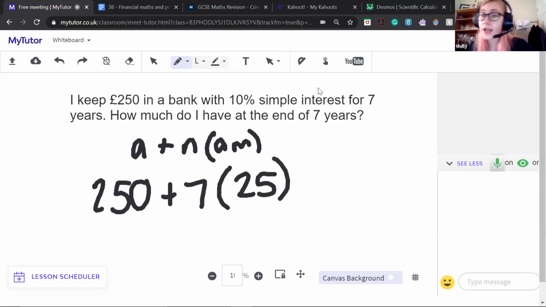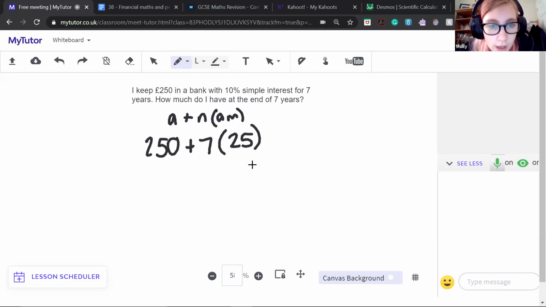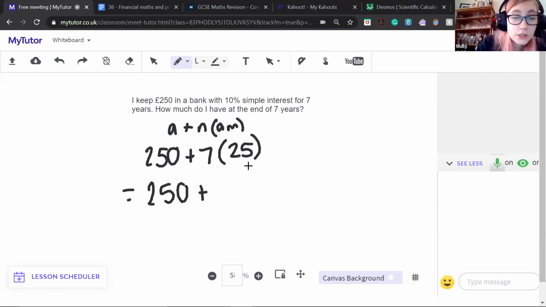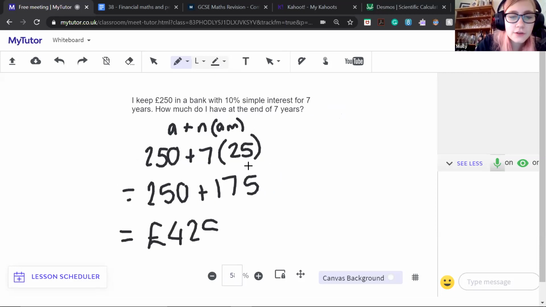So we can do that non-calculator, because to find 10% of something, you just divide it by 10. So 7 times 25 gives us 175. And then we add these together and we get 425.